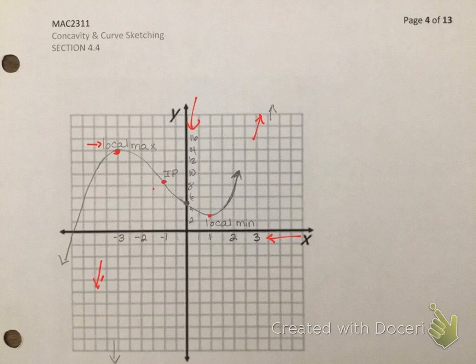Now, the first one, remember, tells us where we are increasing. We are increasing to -3. So here we go. I'm increasing from where I am exiting, which was down here, to -3. All the while I am concave up. So my number line tells me that here I am increasing and I am concave up.